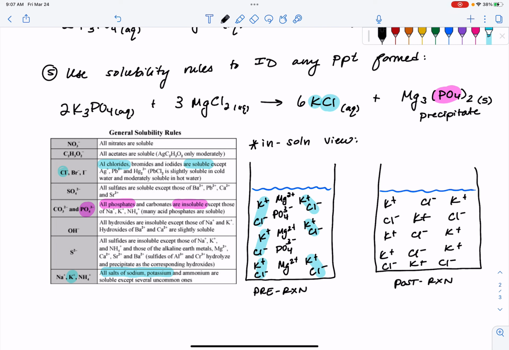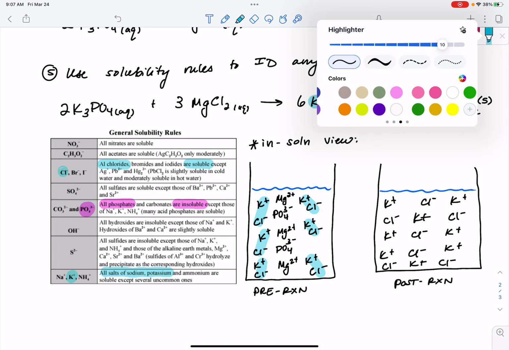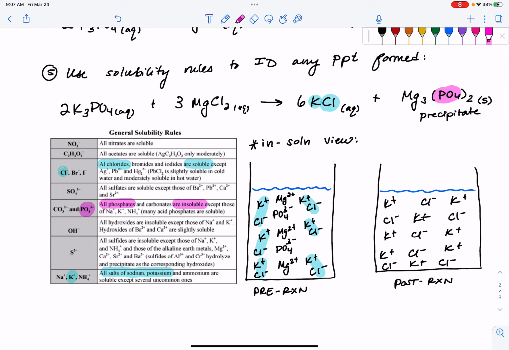And then if I look at my magnesium phosphates, I need 3 magnesiums per every 2 phosphates. So I've got 1, 2, 3 magnesium and 2 phosphates there.